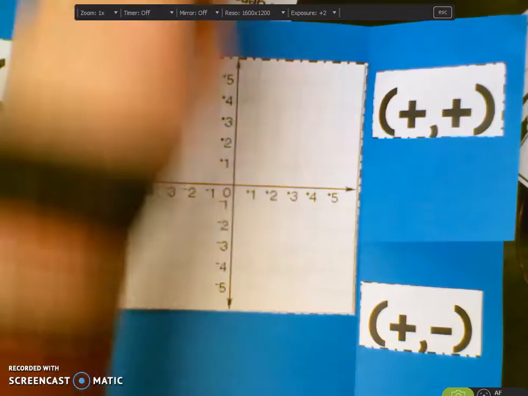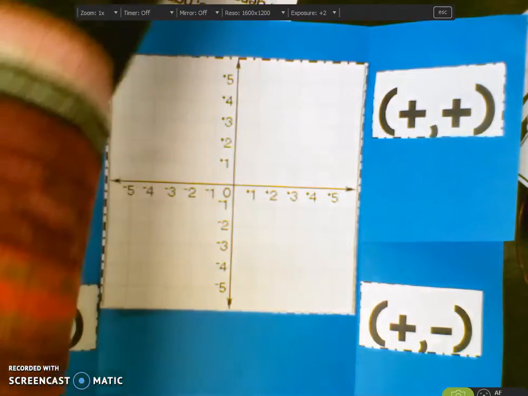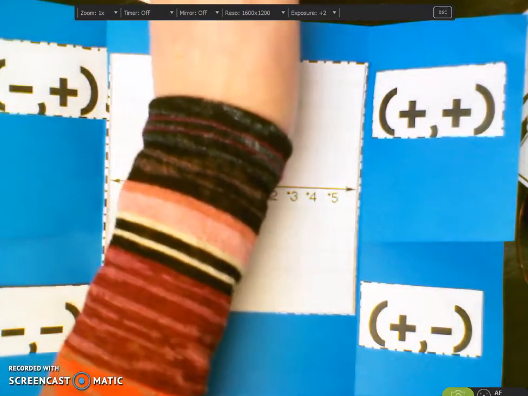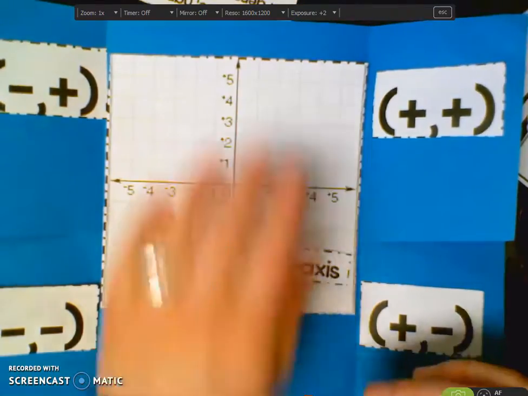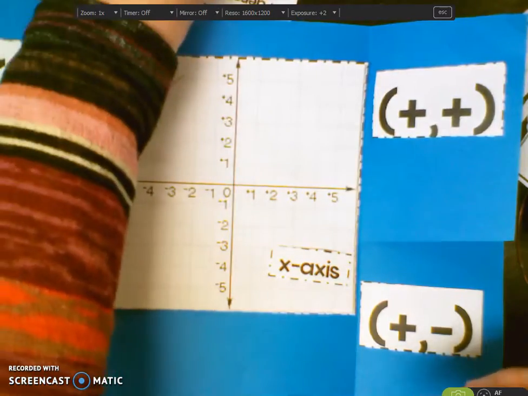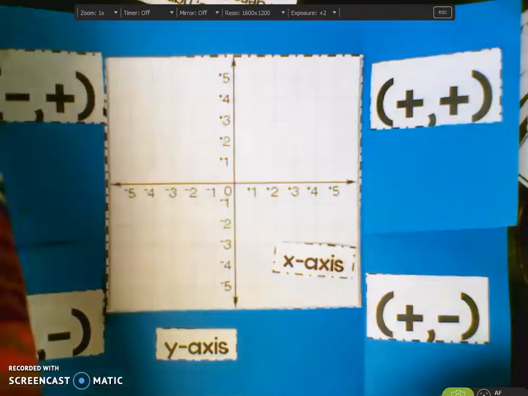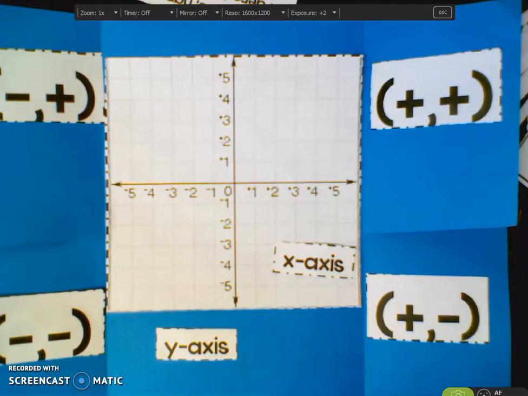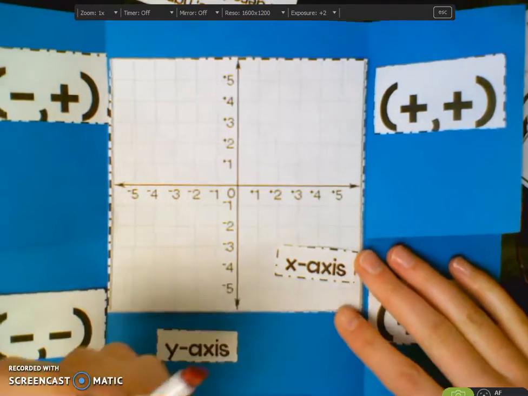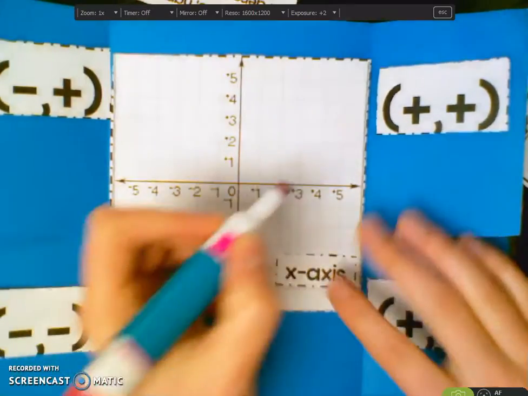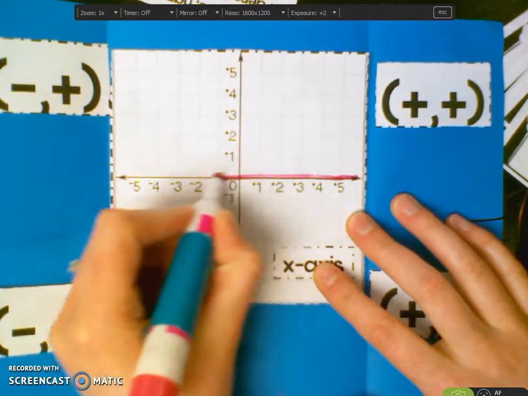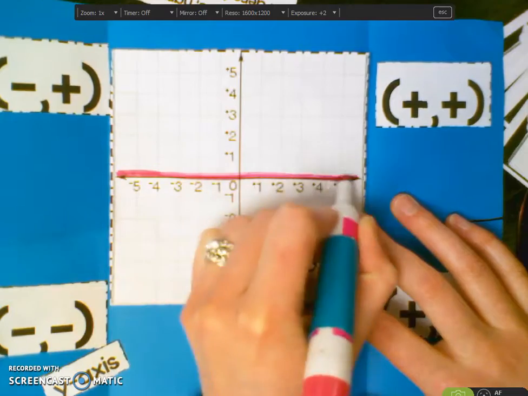Now, we have a couple more little pieces, and let's go ahead and put in the x-axis and the y-axis. This hopefully should be a quick review for you. If you just so happen to have a marker, you are welcome to mark yours just like I'm going to mark mine. This is going to be the x-axis. Agreed?